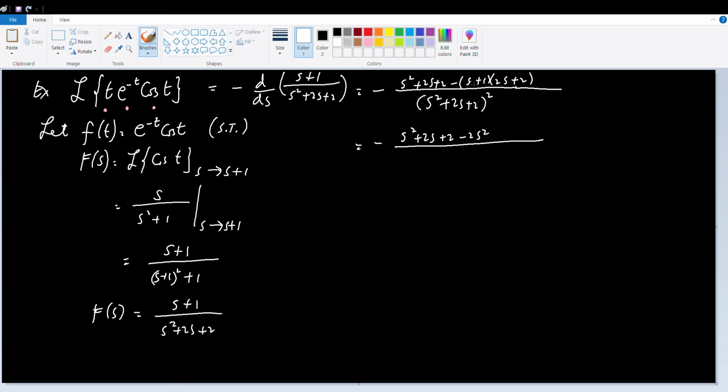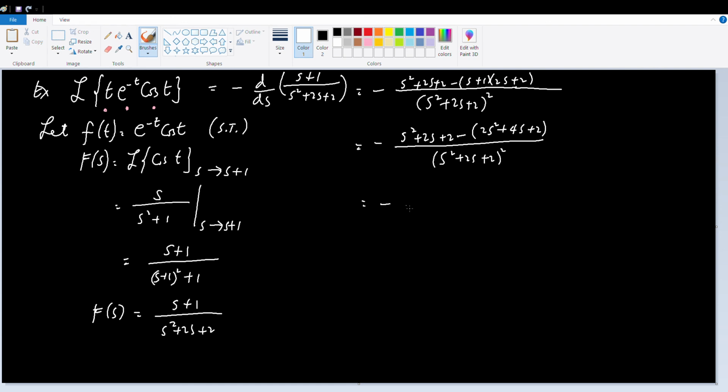Now, we multiply s plus 1 and 2s plus 2. So, that will be 2s squared plus 4s plus 2, over s squared plus 2s plus 2 quantity squared.